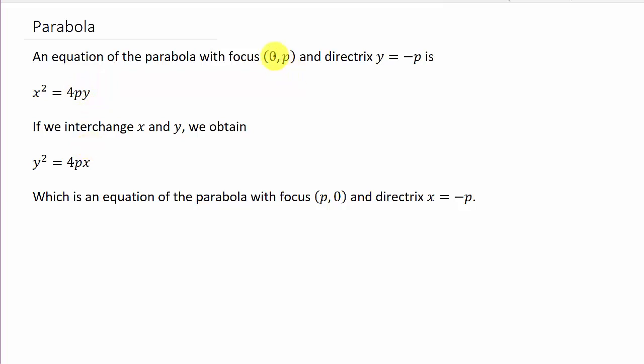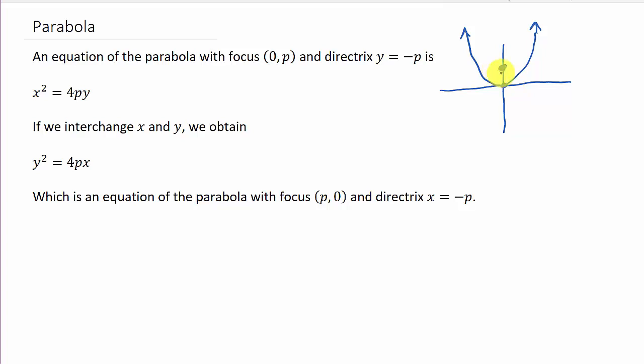And then we also have the focus and the directrix. So on one that opens upward, let's say we have a parabola here. This would be your focus. Here's your vertex.